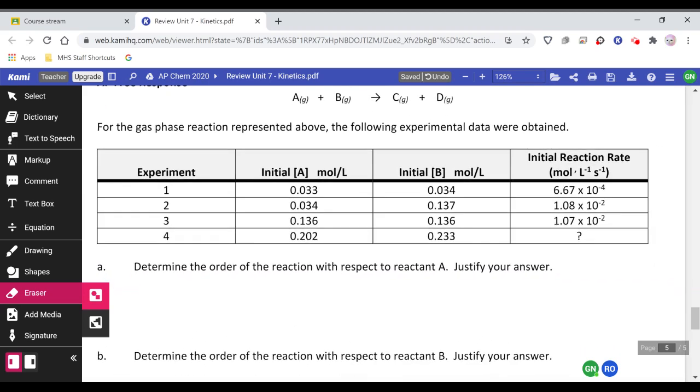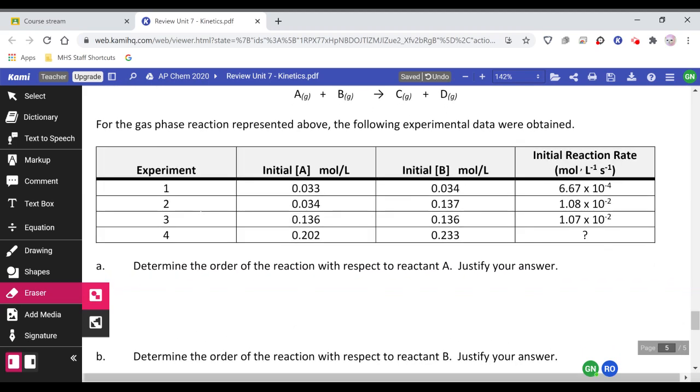Okay, AP free response. For the gas phase reaction represented above, we have the following experimental data. Okay, so for part A, what we want to do there is use the method of inspection, if we can, to determine the order of reaction with respect to A and B. And so let's see if we can do that.